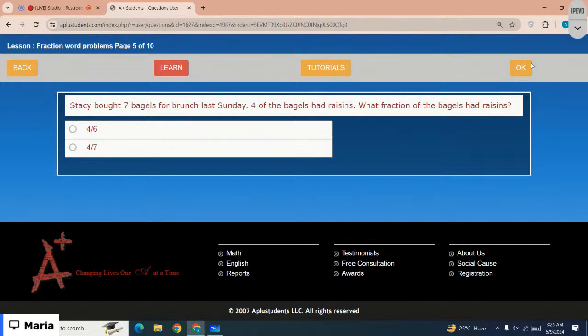Stecky bought seven bagels for brunch last Sunday. Four of the bagels had raisins. What fraction of the bagels had raisins? Which is the correct option?